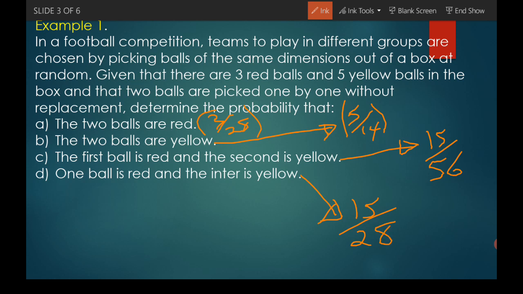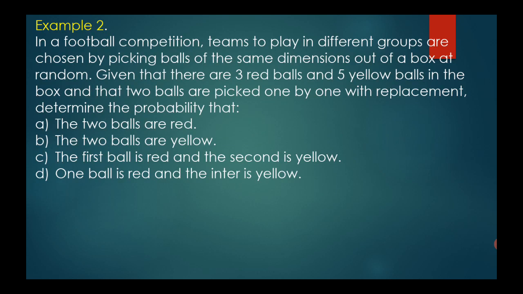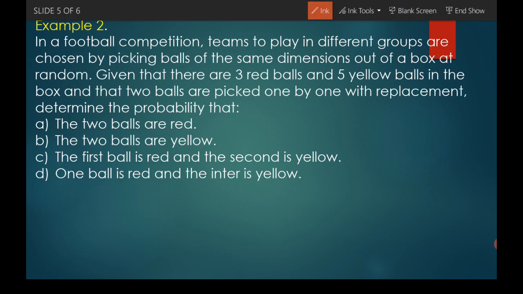That was example 1. And then in example 2, the answers that we have got for part A was 9 out of 64. For part B, the answer was 25 out of 64.